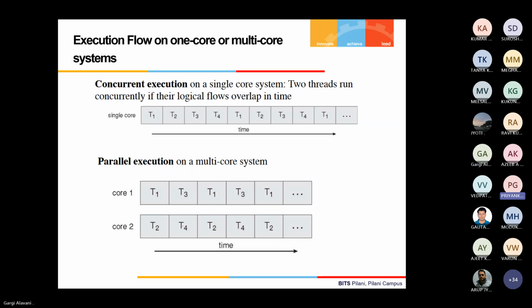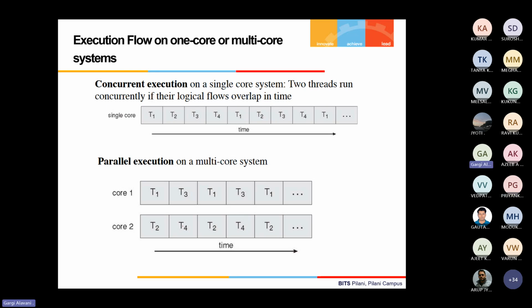In concurrent execution, these threads which we see, T1, T2, T3, T4, will get the core on a what basis? Would it be a round robin sort of thing, or random?